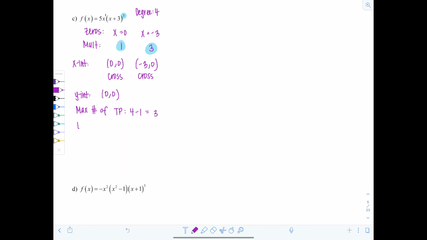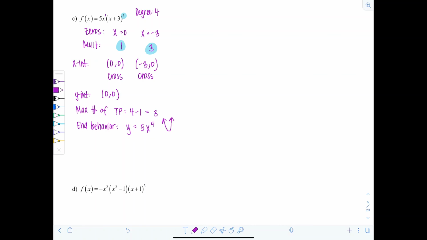Very nice. Now let's take care of the end behavior. Okay, so what power function will this polynomial resemble? So the degree is 4, but the coefficient's going to be a 5. So it's going to resemble y equals 5x to the 4th. What does that look like? That looks like a parabola opening upwards.